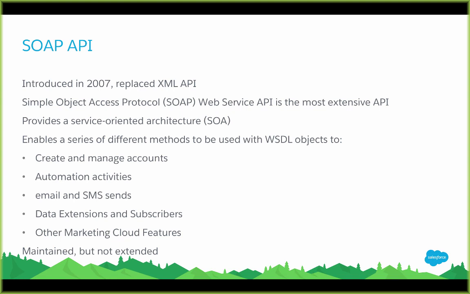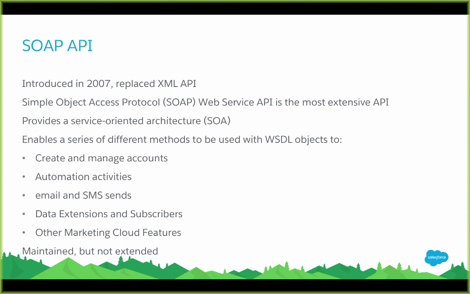This API provides a service-oriented architecture that exposes portions of Marketing Cloud functionality as interoperable, reusable services. It enables a series of different methods to be used with the WSDL objects to do things like create and manage accounts, run automation, send email and SMS messages, and work with data.